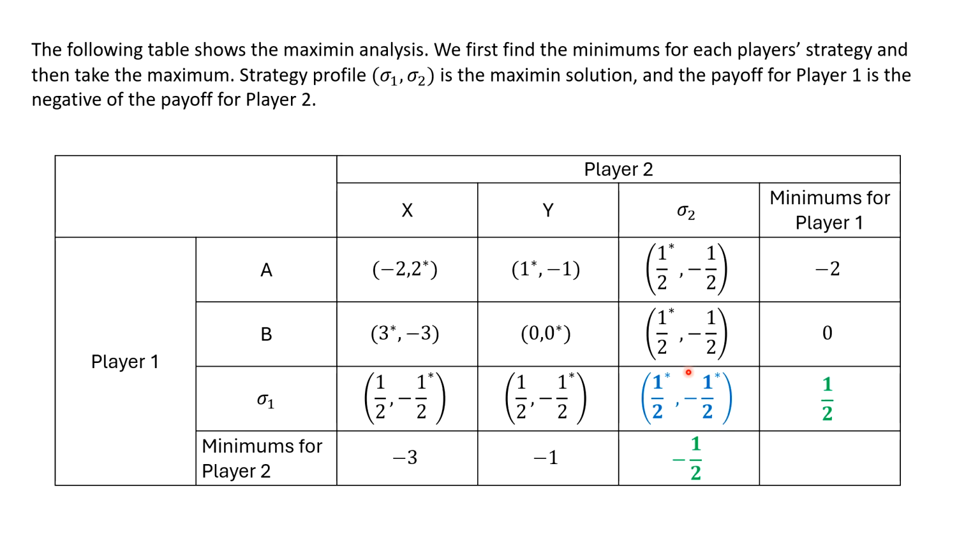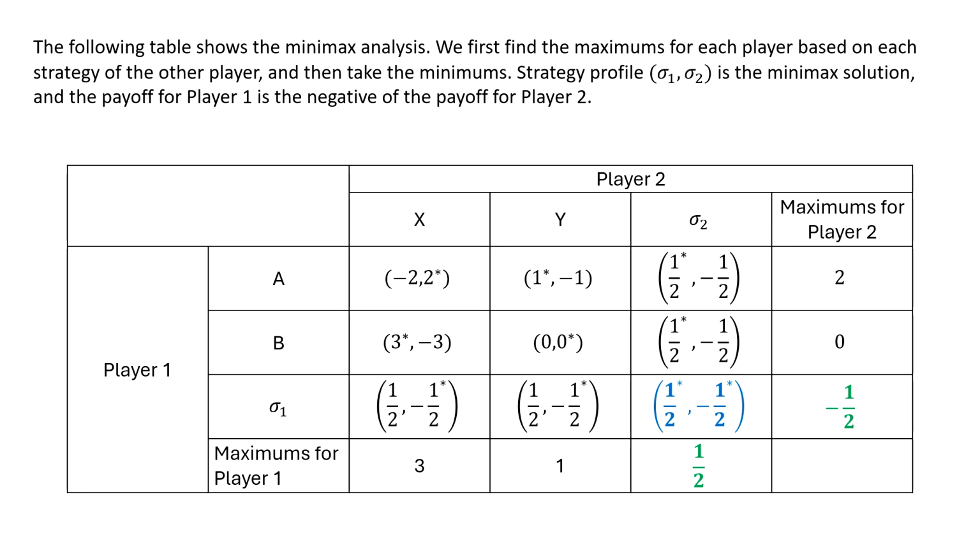We still need to look at the minimax solution on the next slide, which is very similar. So we'll carry this over, and then we'll just do the different analysis along the row and column here. I moved our table from the previous slide here, except for the bottom row and the right-hand column, because now we're going to compute the maximums and then take the min out of those.